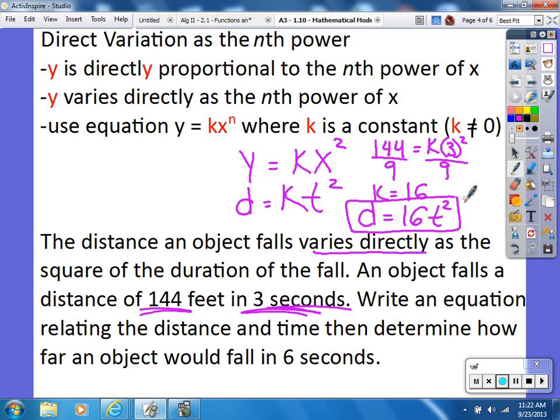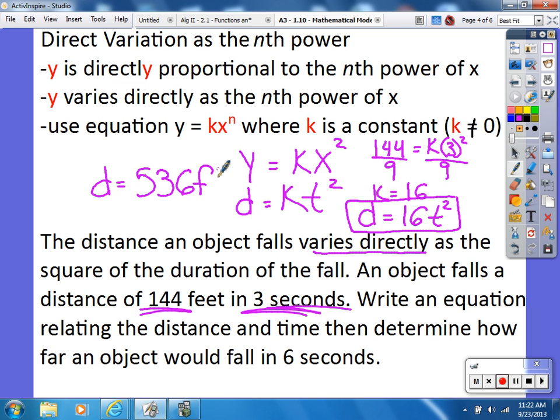That's my equation. I fill back in the k, and that way, if I tell you time is 20 seconds, you can figure it out. If I tell you time is 30 seconds, you can figure it out. If I tell you time is 6 seconds, go ahead and figure out the distance it's falling. Go ahead, Justin, what'd you get? 530.